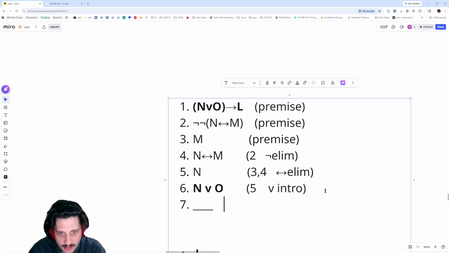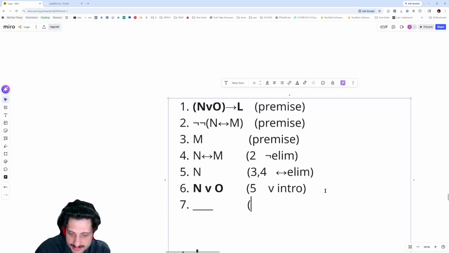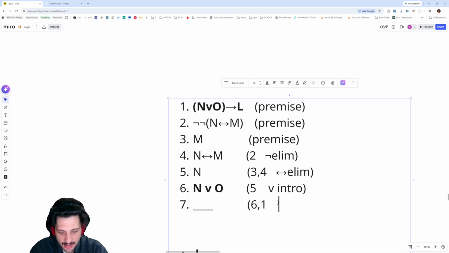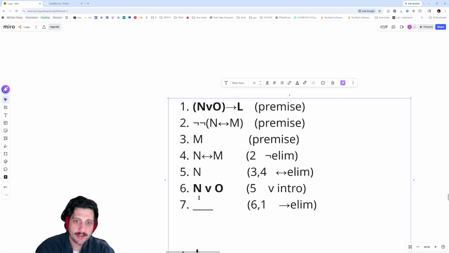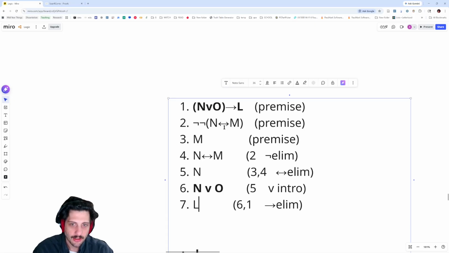I'll put a blank here. I'll use lines 6 and 1, right? The left-hand side plus the conditional, that, through conditional elimination, is what gives me what? Well, that gives me L, right? Because it's just the right-hand side.